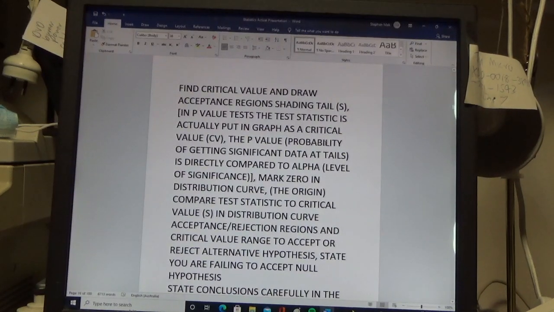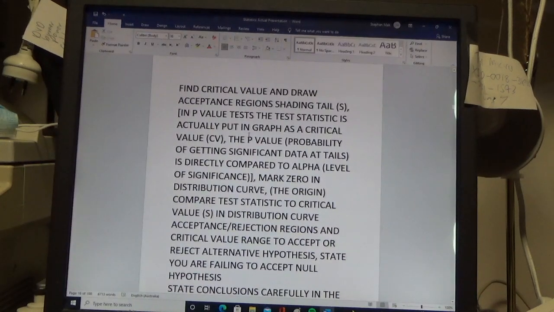And then you've got to find the area for the p-value. First, by deducting that area in the middle from 1. You know the critical value on the p-test.